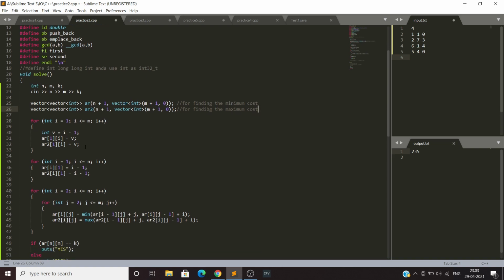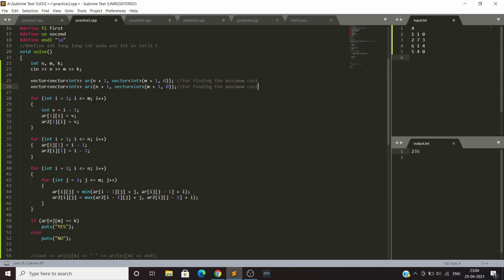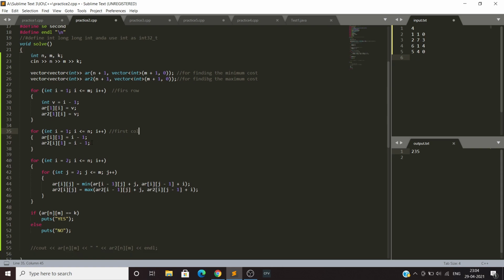After that we initialize the first row and the first column, as we know their values.